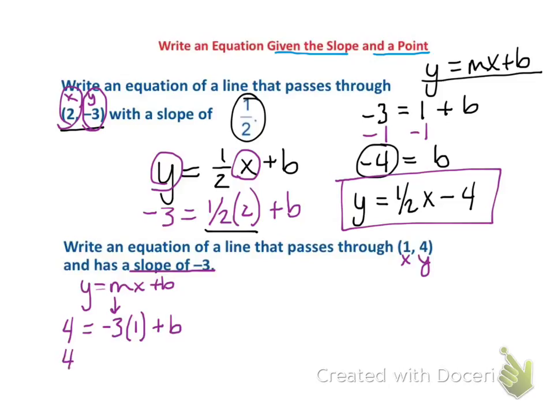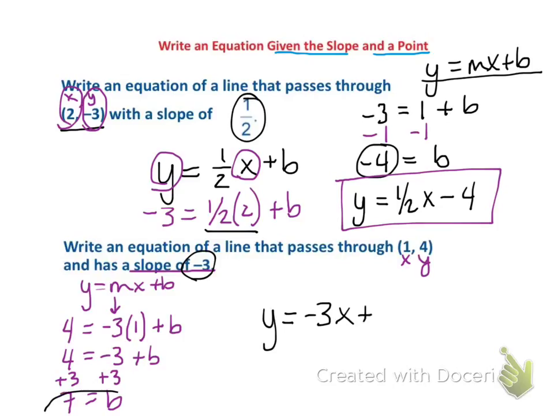We solve that equation to find b, our y-intercept. And we find out that b equals 7. So my final answer is y equals m, which is -3, x plus b, which is 7. Pretty easy, right?